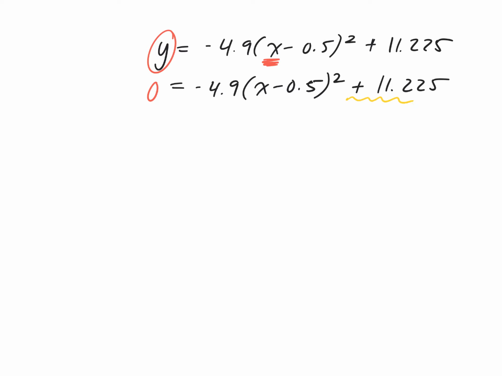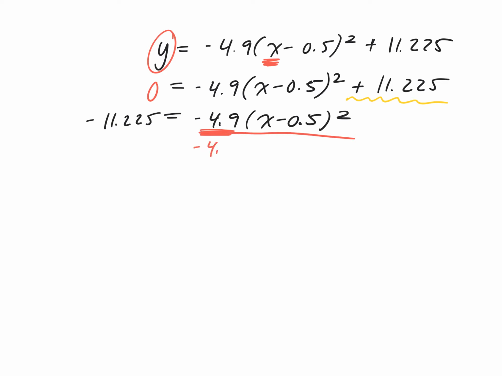I have positive 11.225. What can I do with that? I'm trying to isolate x. Bring it to the other side, so it becomes negative. I have negative 4.9, and then I multiply that by (x minus 0.5) squared.